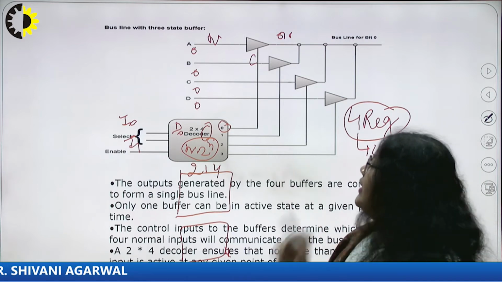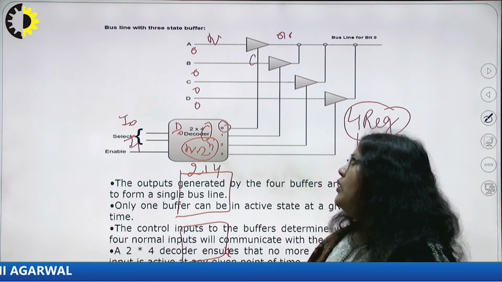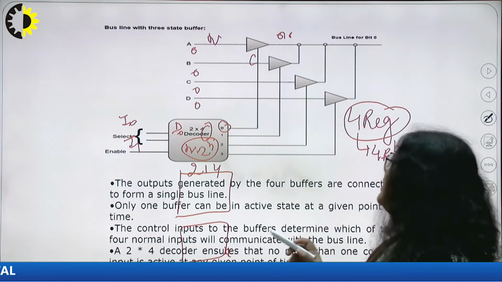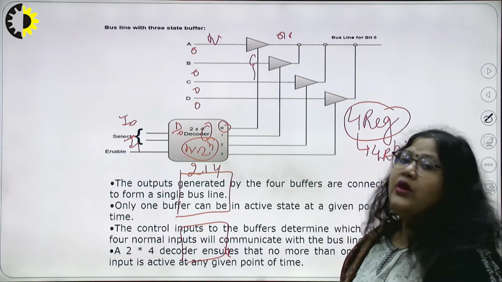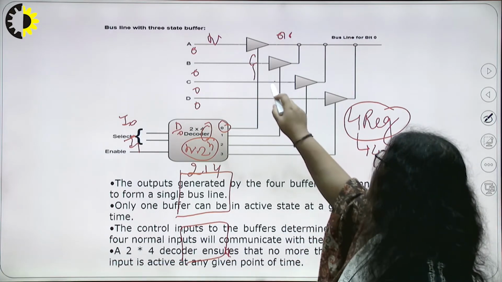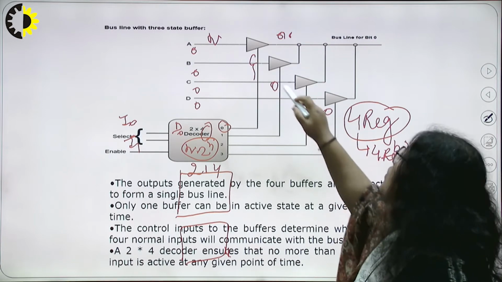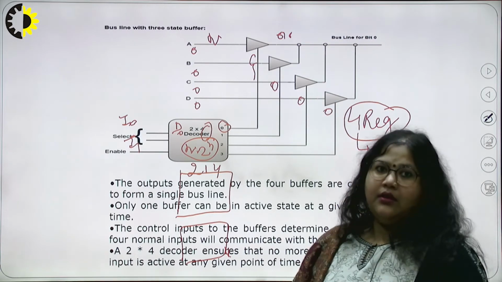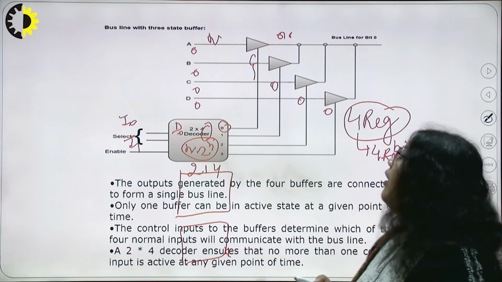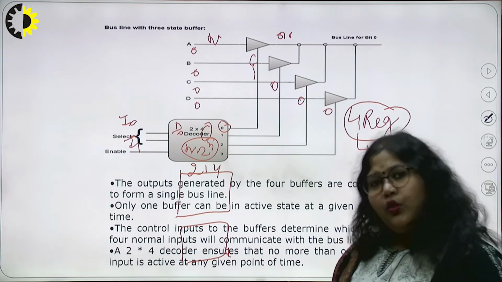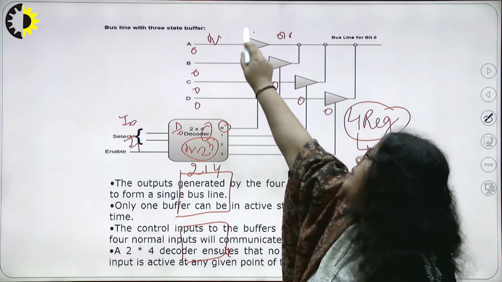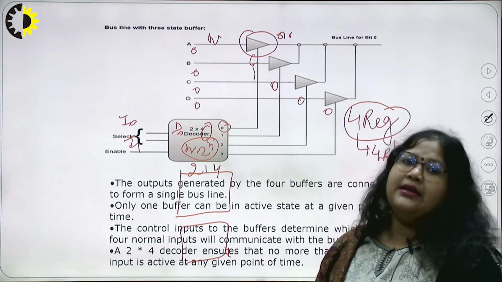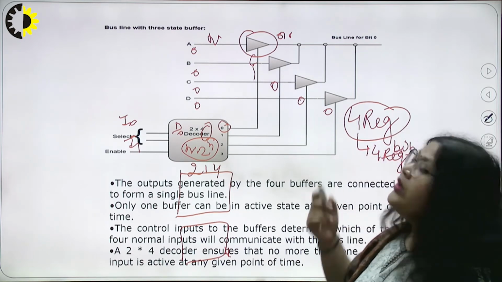So when the input is 0, 0, this output is high. When it is high, this control input is high, and the rest of the controls are 0, 0, 0. So all 3 other tri-state gates react as an open circuit. Only this particular gate reacts as a closed circuit, because only its control is high.